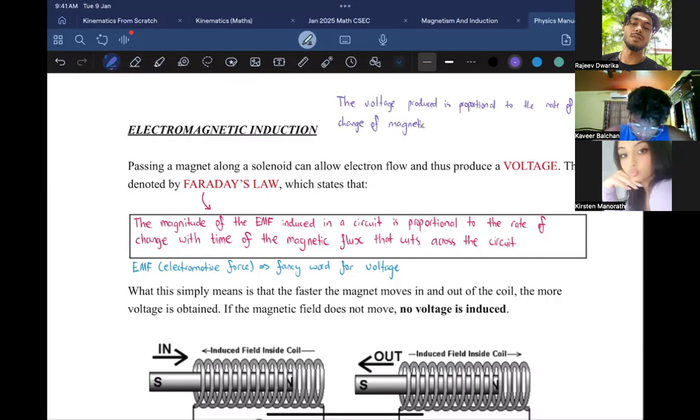So Kirsten, what I'm saying is once I have a wire, it could be a solenoid, it could be a coil, and I move a magnet, the position of the magnetic field lines would be changing, and that would cut the coil, and that would create a voltage. That's what I say. So say that back to me.